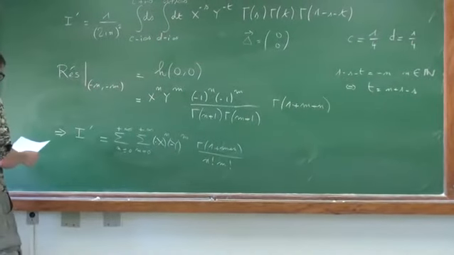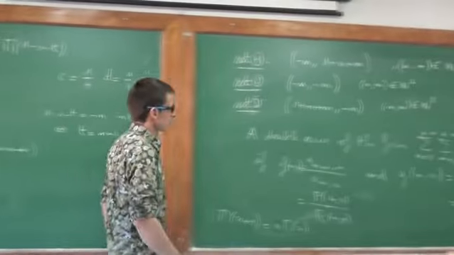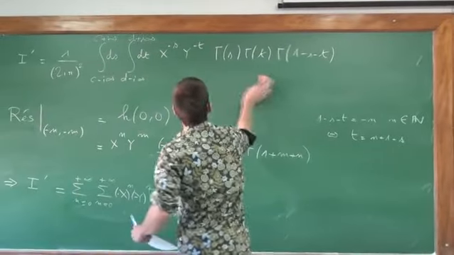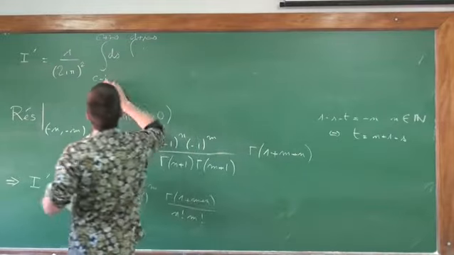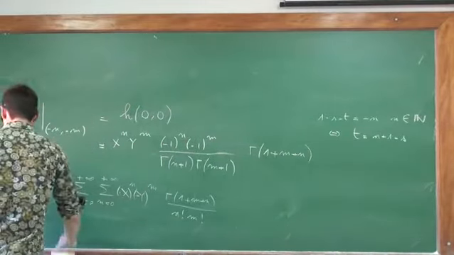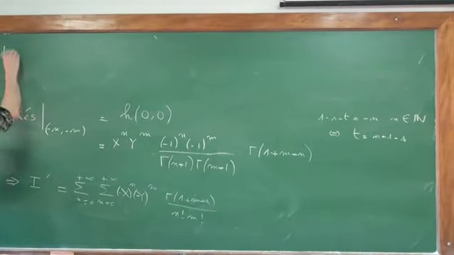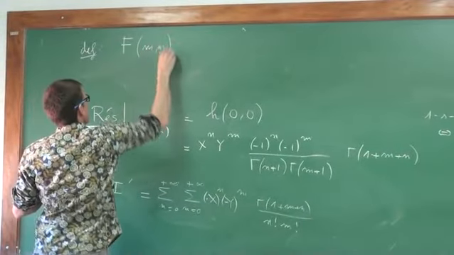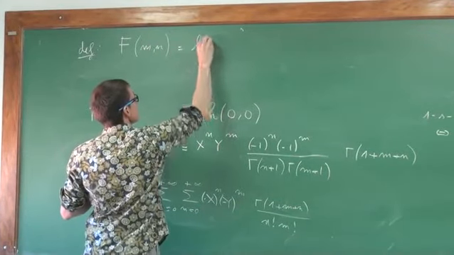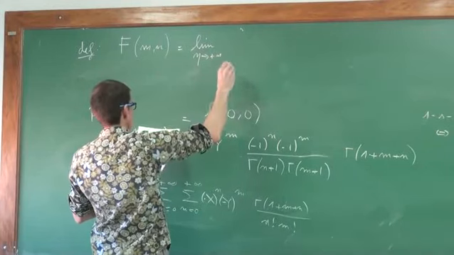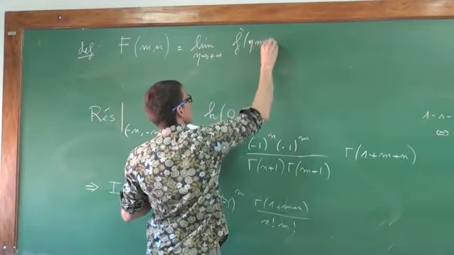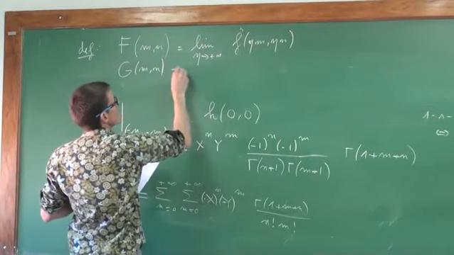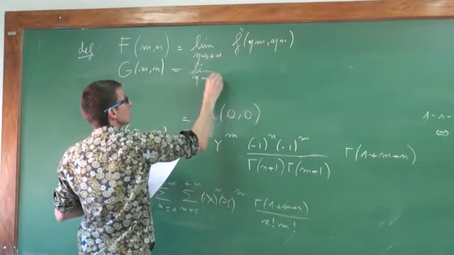And now, if I define, so definition, F(m,n) equal to the limit as beta goes to plus infinity of f(beta m, beta n) and g(m,n), for, let's say, for g.